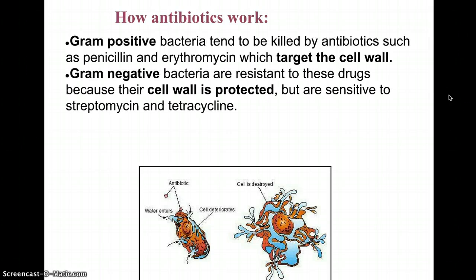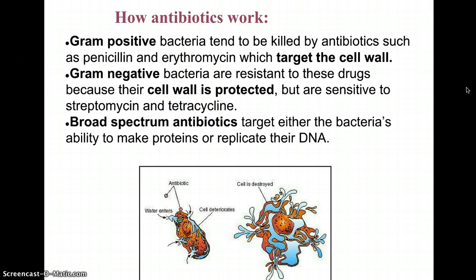However, gram-negative bacteria have a protected cell wall, so they are sensitive to streptomycin and tetracycline. And remember, tetracycline was one that inhibited protein synthesis. Then we also have broad-spectrum antibiotics, which will target either the bacteria's ability to make proteins or its ability to replicate DNA. So these antibiotics can generally work against either gram-positive or gram-negative bacteria.